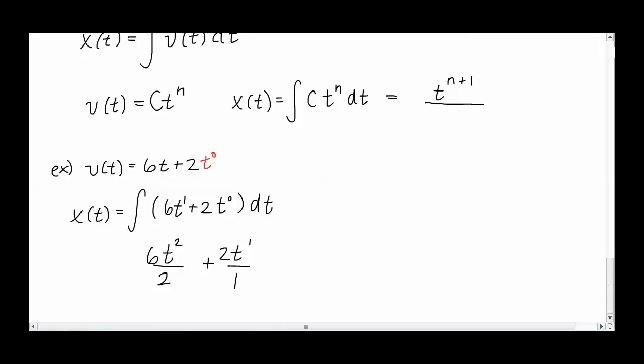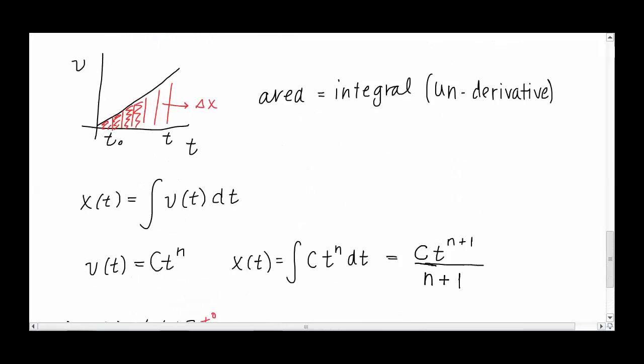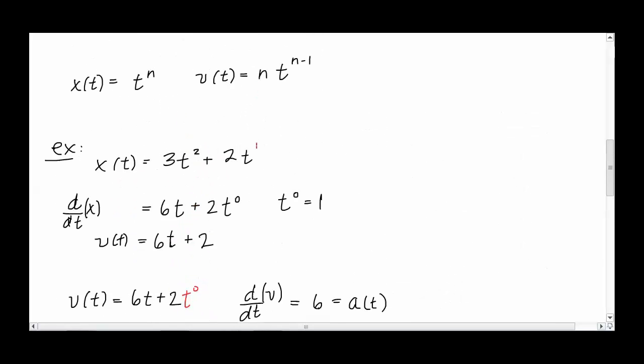So it should be c t to the n plus 1 over n plus 1. There you go. That's right. So we'll try one of those again. That gives you 3t squared plus 2t. And that should be our position function that we started with earlier up here.